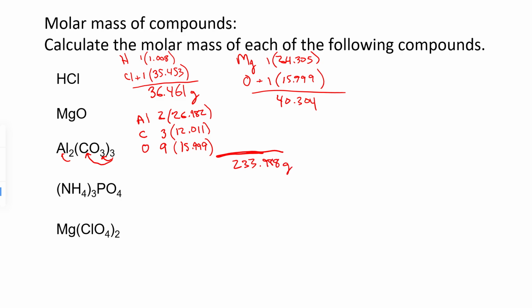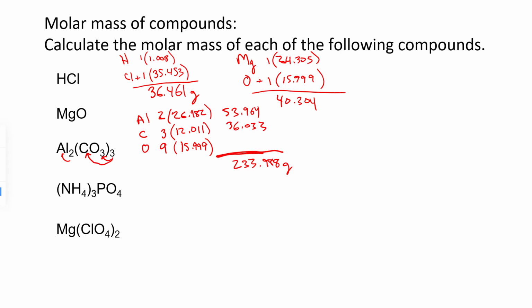So if you can't figure out the parentheses thing, what you would do is just write down the sums independently. So you could do 2 times 26.982, which gives you 53.964. Then you would do 3 times 12.011, which gives you 36.033.